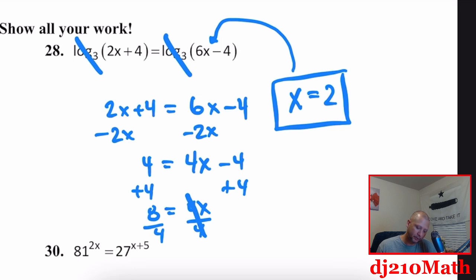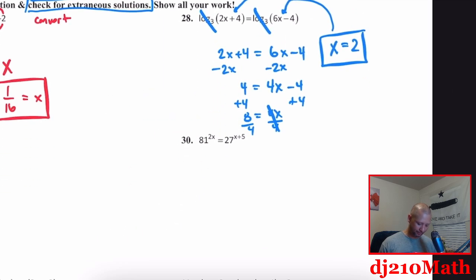And if we plug in a 2, this is definitely positive. Right? 12 minus 4 is a positive number. But you have to check it for all the arguments if there's multiple logs. So 4 plus 4 is 8. Again, it's a positive number. So if you plug in your x and you get a negative argument, no solution. But here, we have a solution. X equals 2.